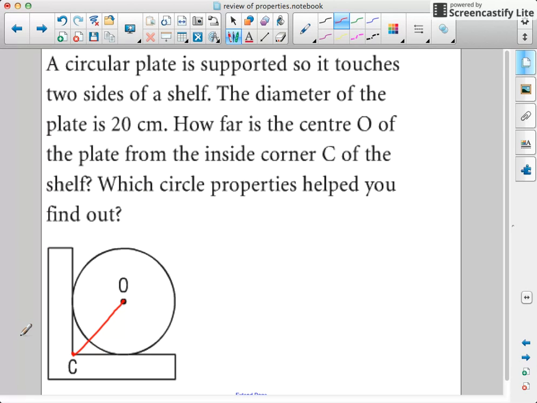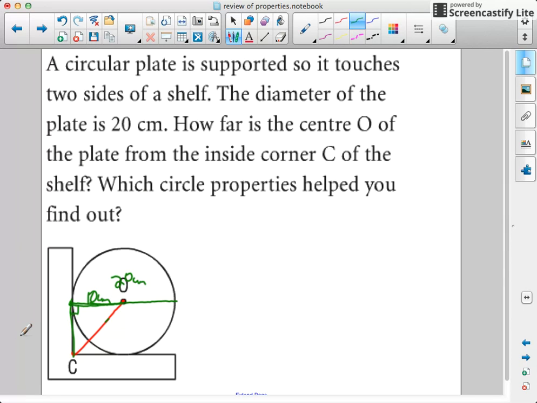We're given that the diameter of the plate is 20 centimeters. So from one side to the other is 20 centimeters. That means that the radius, or from here to here, is 10 centimeters. I still need to know what this distance is, and I create a right triangle right here. This is actually a point of tangency right there. That's why that's 90 degrees.